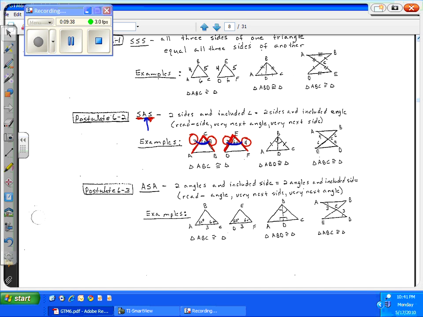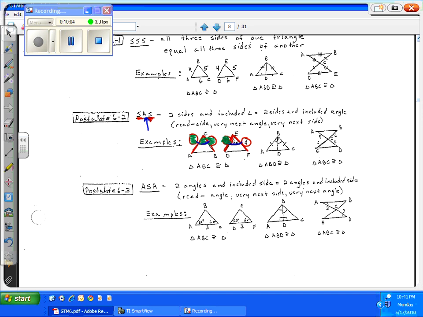And so we have two sides and the included angle of one triangle equal two sides and the included angle of another. But we can see it like this also. We've got a side, the very next angle that follows that side, and the very next side that follows that angle. Side, very next angle, very next side. Which helps some of my students actually see it.